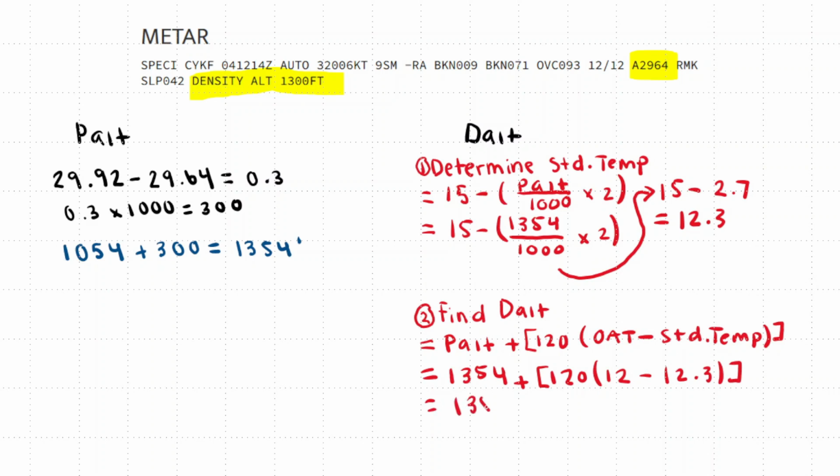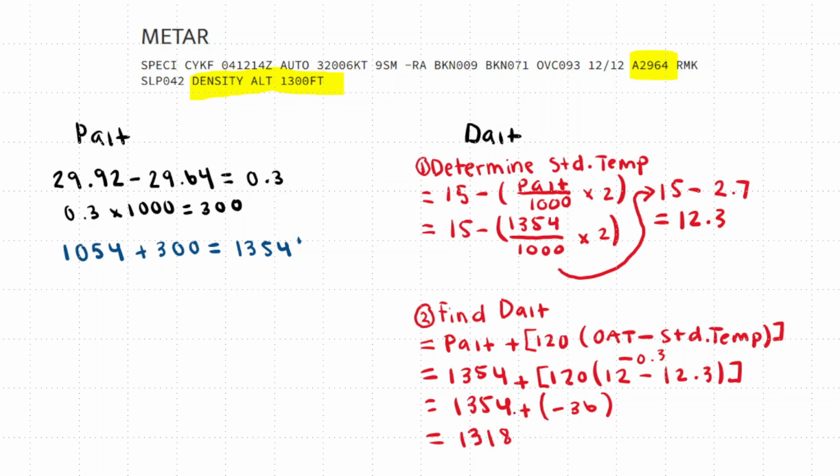Now, if we keep going and we keep calculating what we have in our formula, we're going to get 1354 plus 12 minus 12.3, which is 0.3. Sorry, this is going to be a negative 0.3 because 12 minus 12.3 is negative. So we are going to get a negative number here. We're going to get negative 36 when we multiply 120 by 0.3. So our final density altitude is going to be 1,318.